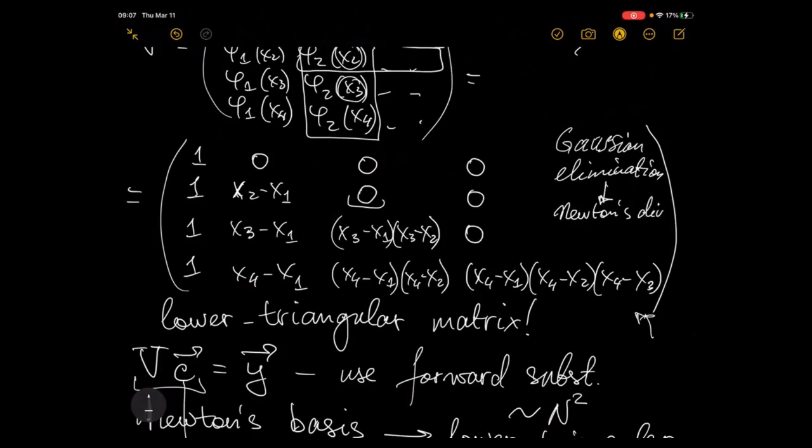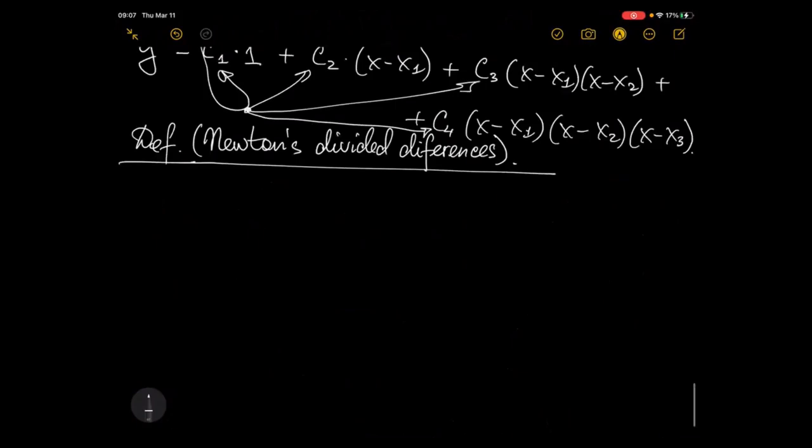I will not prove it, there is a proof in the book, so if you like, you can go through that. I just want to give you an algorithm for how to find them. But you can find it easily by yourself, just using the Gaussian elimination for this Vandermonde matrix.